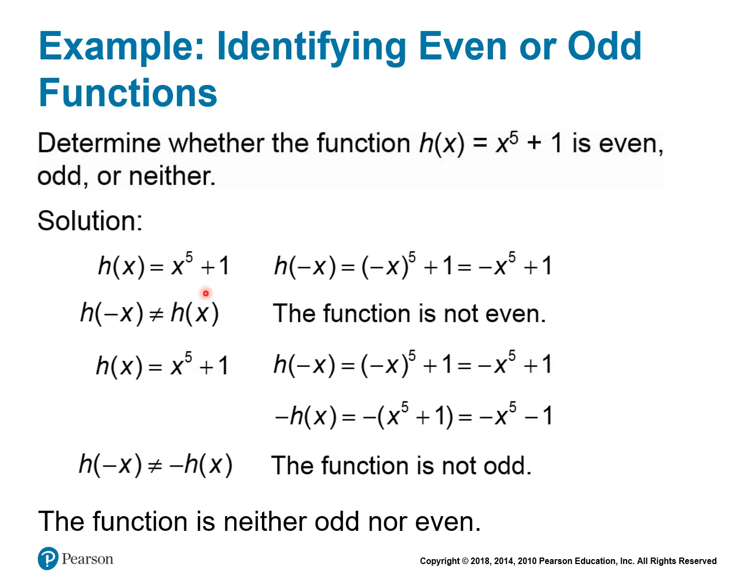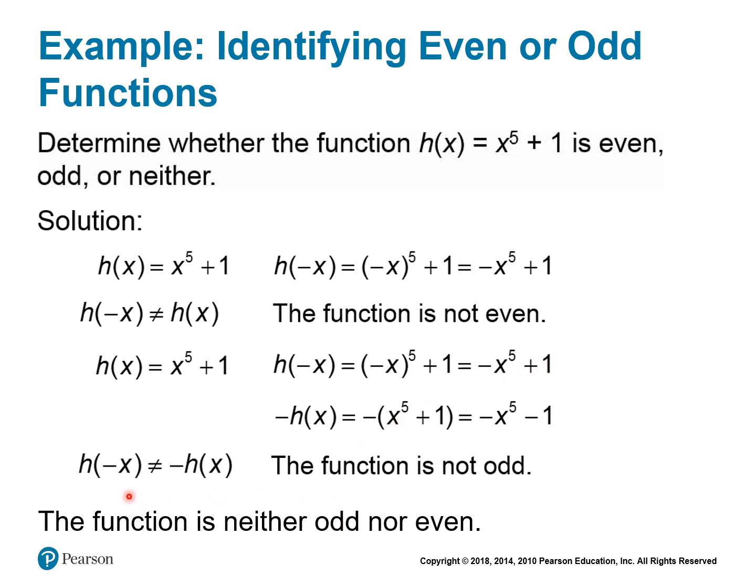In order for a function to be odd, all the terms should change sign from the original function. We had x to the fifth, and we got negative x to the fifth. The sign did change here. But for the next term, it was a plus 1, and we still have a plus 1, no sign change here.